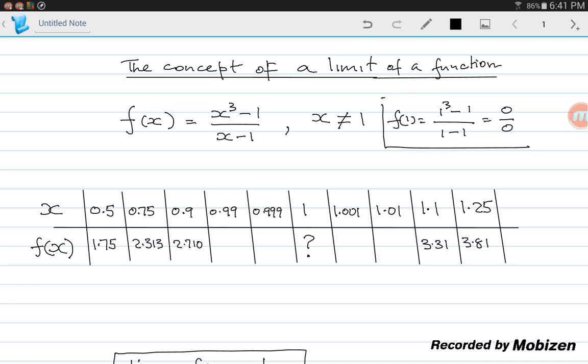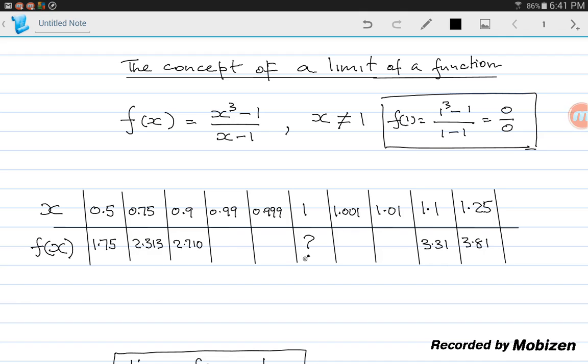This is known as an indeterminate result because we are not allowed to divide by 0 in mathematics. And so we want to get a better idea of what is happening to the function as we get closer to x equal to 1.